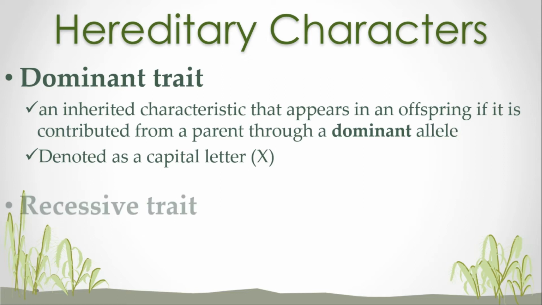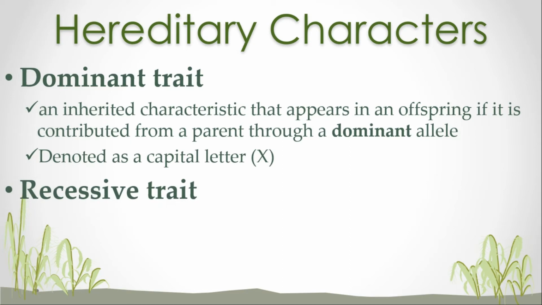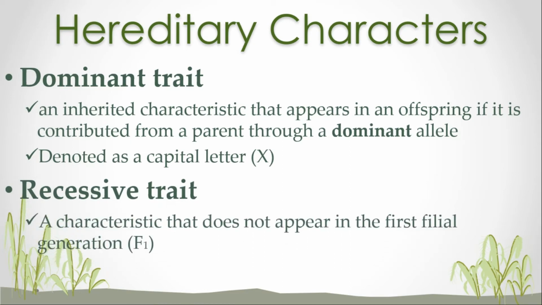Okay. So, dahil nga dominant siya, ang representation niya is a capital letter. Next is the recessive. When we say recessive trait, these are characteristics that do not appear on the first filial generation. So, just try to imagine, your parent has a characteristic na wala sa inyong magkakapatid. That is what we mean by the recessive trait. Since it is recessive, it is denoted as a small letter.